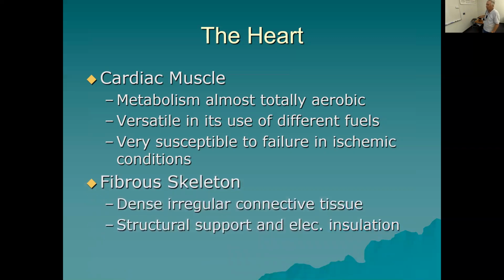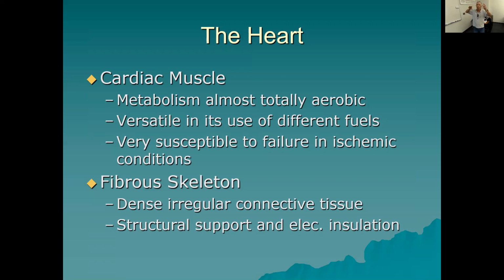The fibrous skeleton is, again, regular connective tissue, providing structural support and electrical insulation. We're going to see that we have to electrically isolate the atria from the ventricles. And this is because, think about this, this is for the sophistication of the heart.